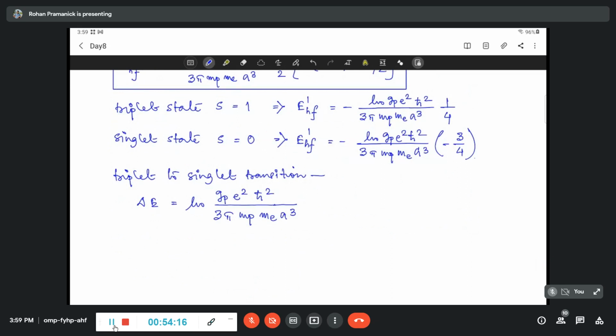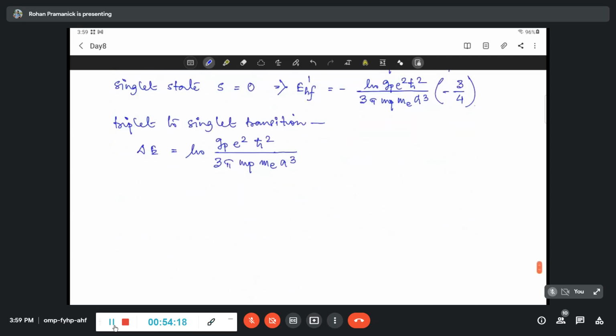If you put all the values, you need to put the value of Gp. The value of Gp is something around 5, I cannot remember. So this is the composite object, as proton is a composite object. You put the value of 5. You know the value of E, h cut you all know, Me, MP, and a is also known.